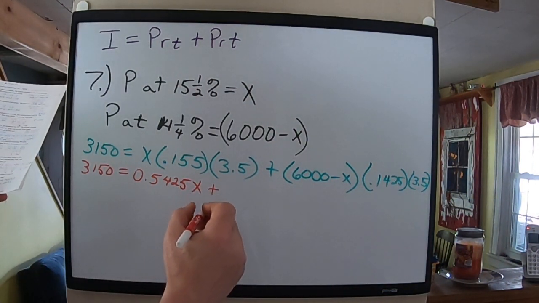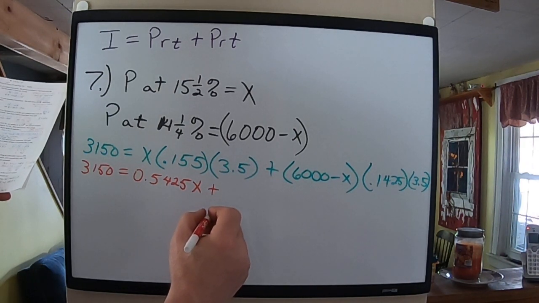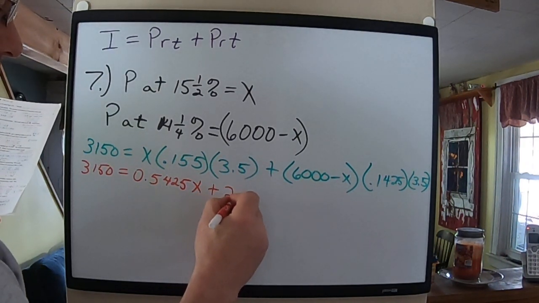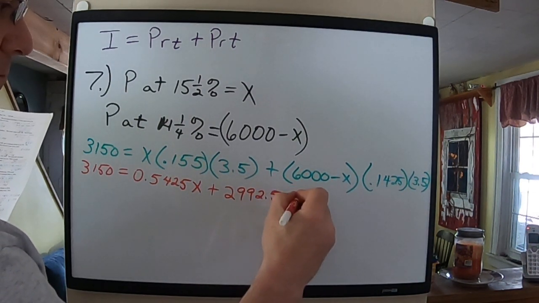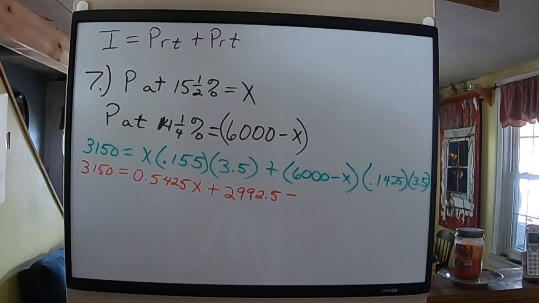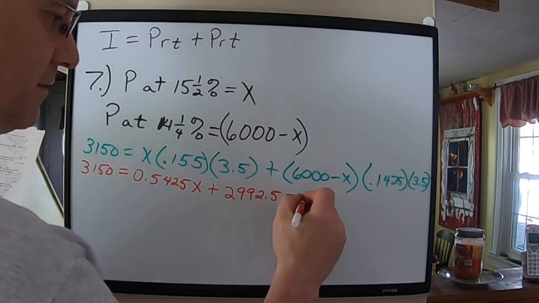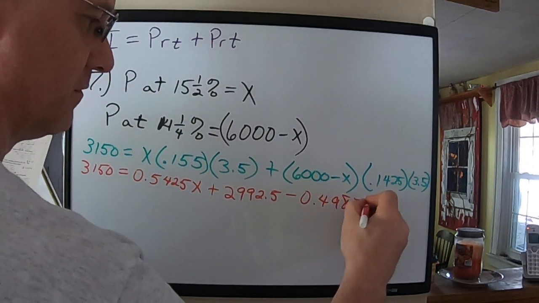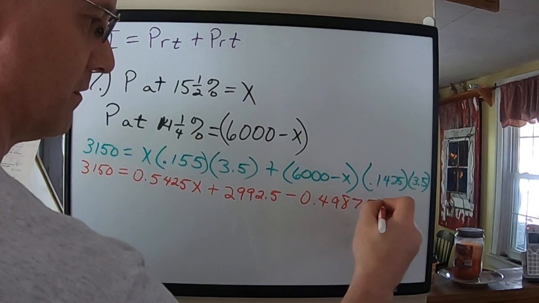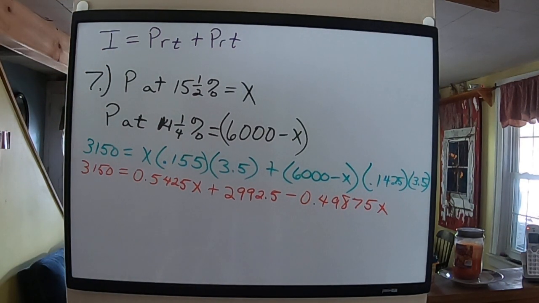So that's 2,992.5. Minus 0.49875x. Now, trust me, it'll come out nice if you keep all the decimals.